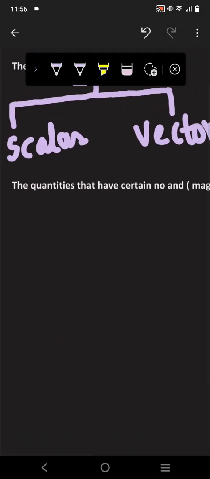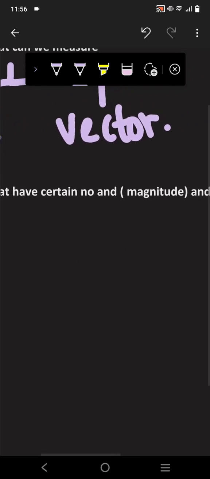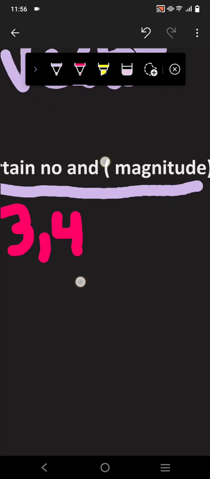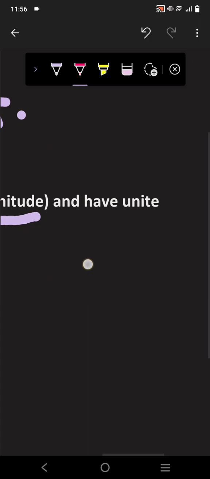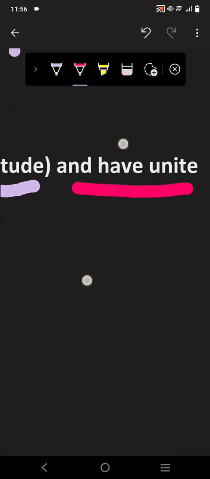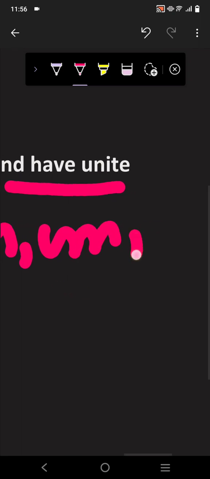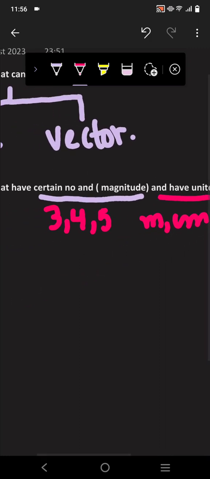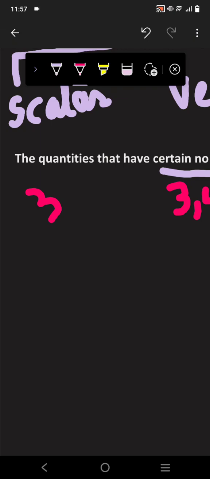Now we're going to see the example. The quantity that has a certain number or magnitude. What does that mean? It can be 3, it can be 4, it can be 5, right? And a unit, we know that we have measuring units, meters, centimeters, kilometers. So for example, 3 meters.